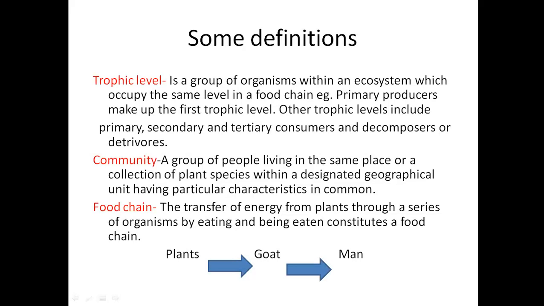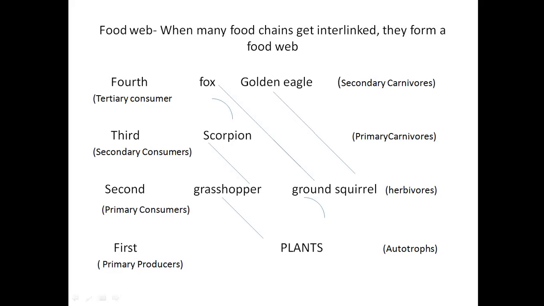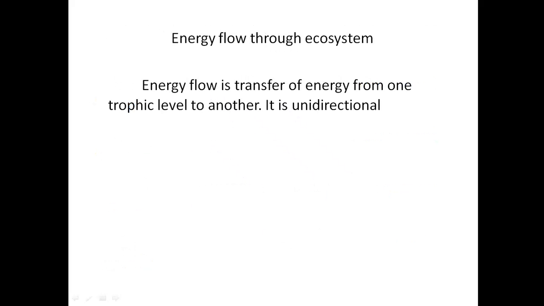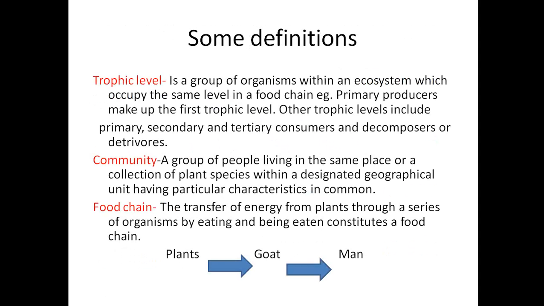A part of the energy will go to the goat, and then same thing here also. A lot of energy is wasted from the goat through respiration, through death. So man, when it consumes goat or this herbivore, it will not get the total energy which is present in the goat, and at the same time it will not get the energy which was captured by the plants.